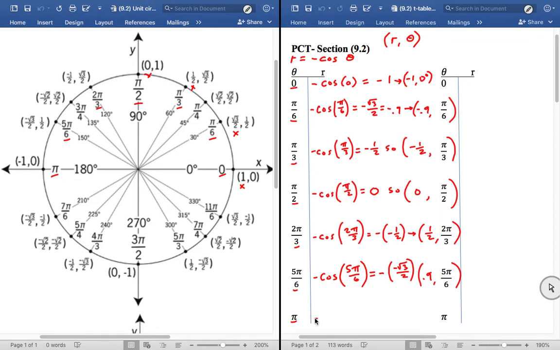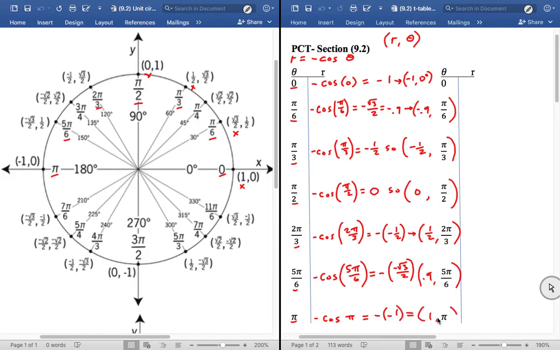And then lastly, I am going to take the cosine of pi. AB, what are we looking at for the cosine of pi? That would be negative 1. However, it's a negative of negative 1. So your final answer is in fact correct.